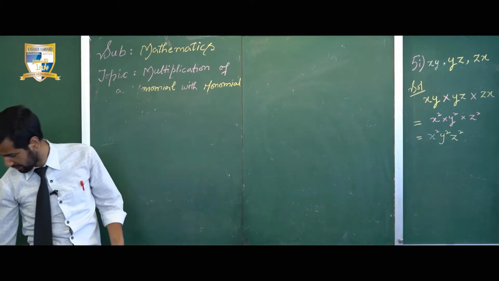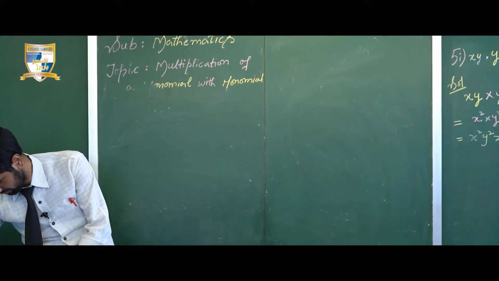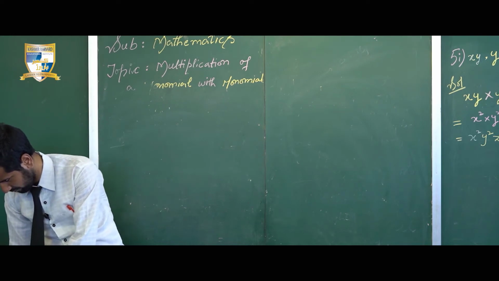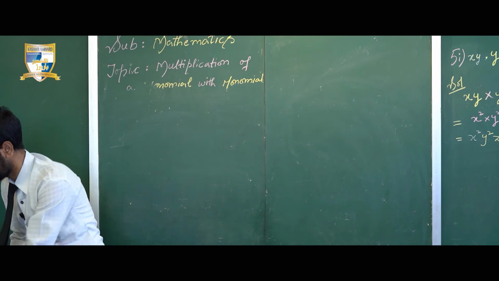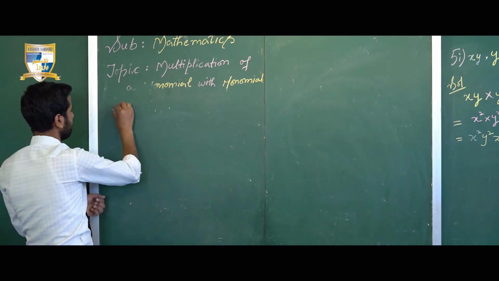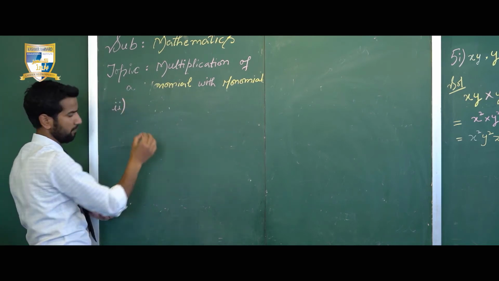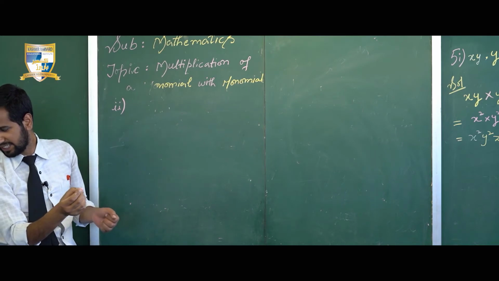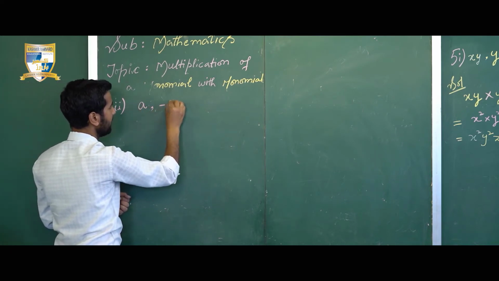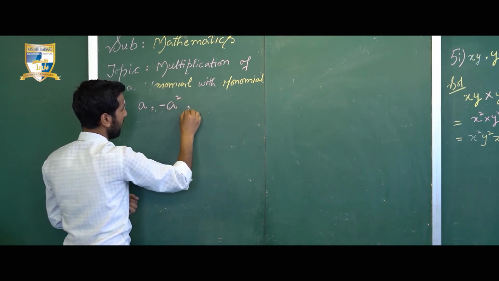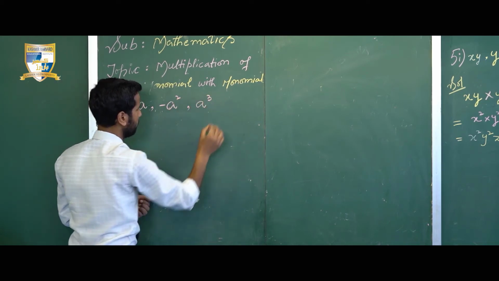Okay, now part number 2 here. The part number 2 is a, minus a square and then a cube.